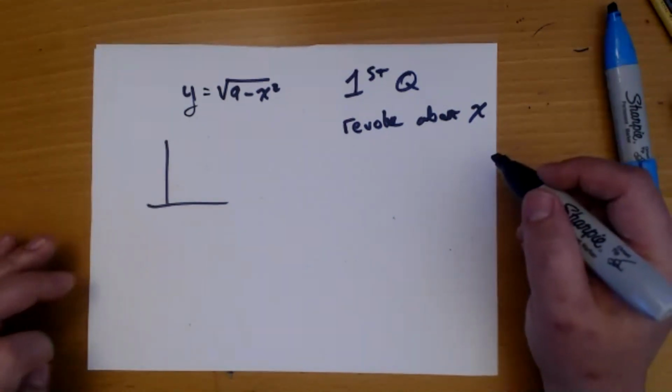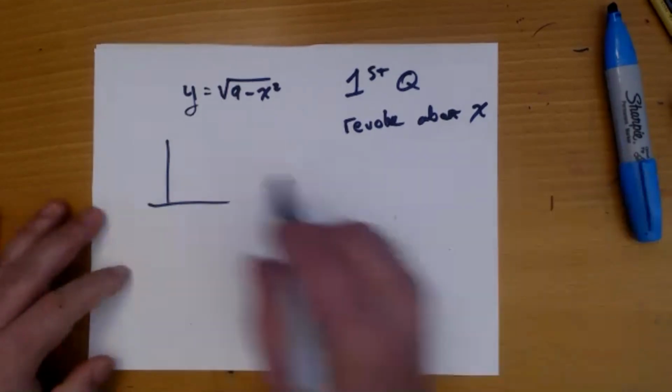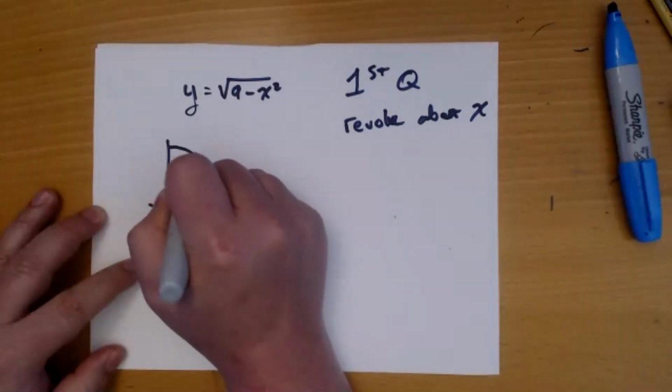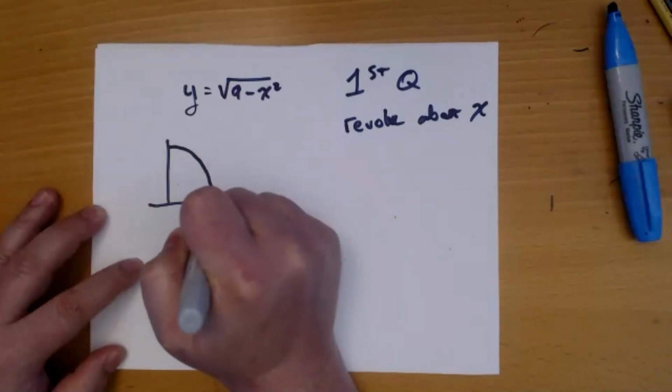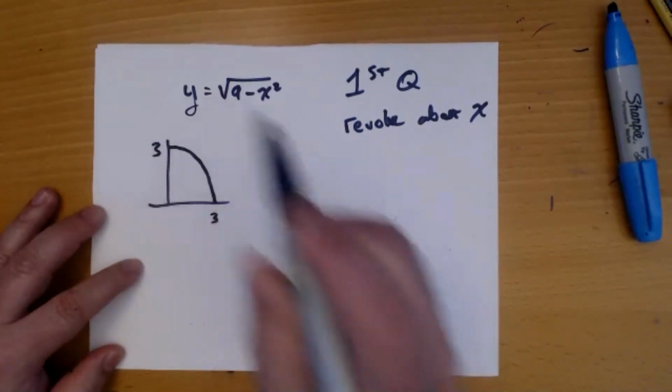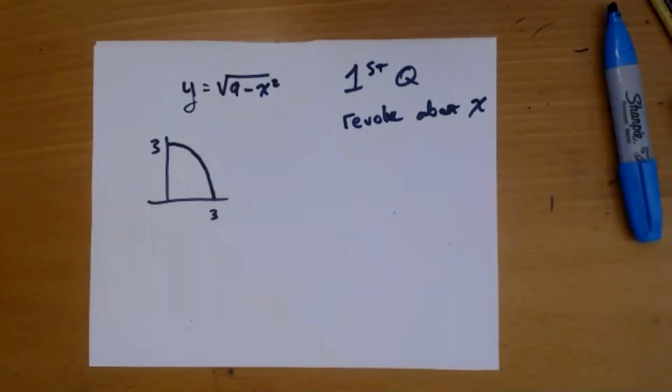Yeah, this is a circle of radius 3. All right. So go ahead, see about setting up the integral. Don't forget the pi. Everyone forgets the pi. And revolve this guy around the x-axis.